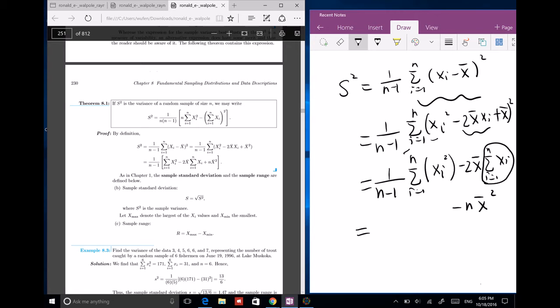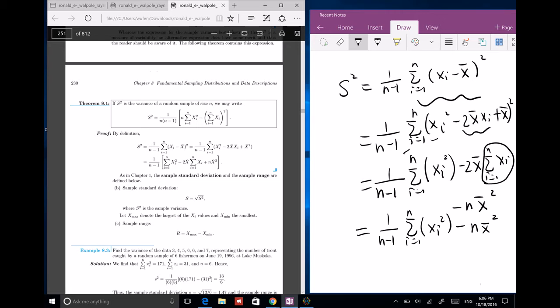So the whole thing will be 1 over n minus 1 times the sum of xi squared minus n x bar squared.